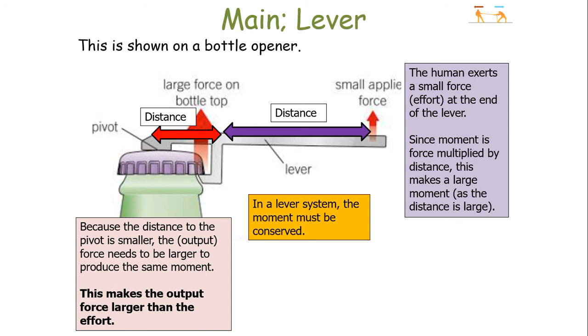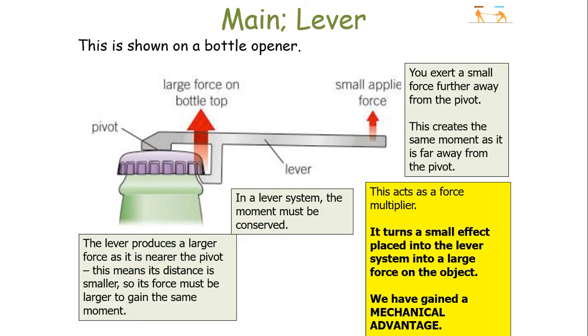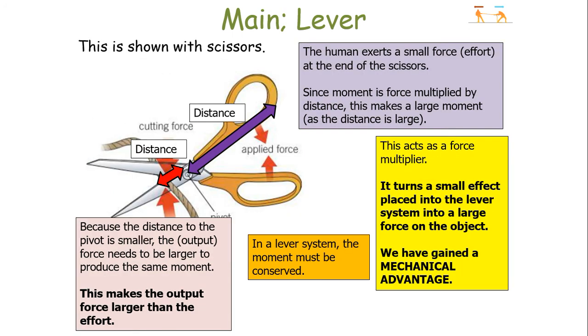So if the human establishes a moment for the bottle opener to have that same moment in the system, because its distance to the pivot is smaller, the force produced by the bottle opener will be larger, so therefore the output force is bigger than the effort force. So as a result, it takes the top off the bottle, which a human couldn't do by themselves with the force they would apply normally without the device. So we've gained what we call a mechanical advantage.